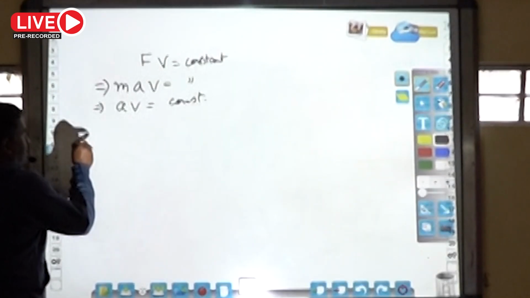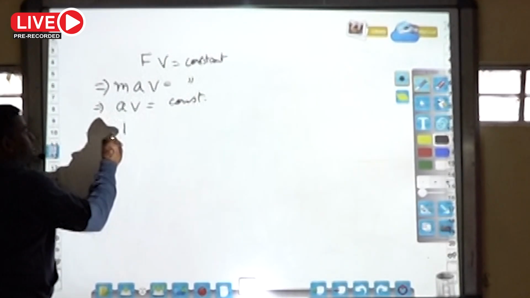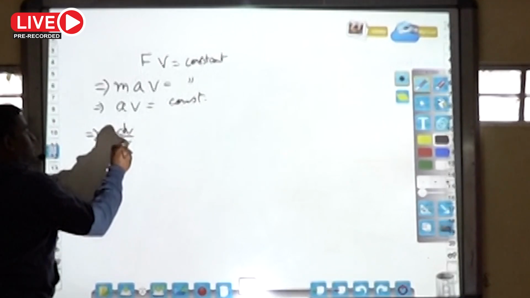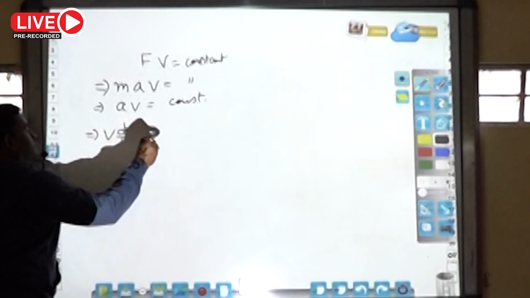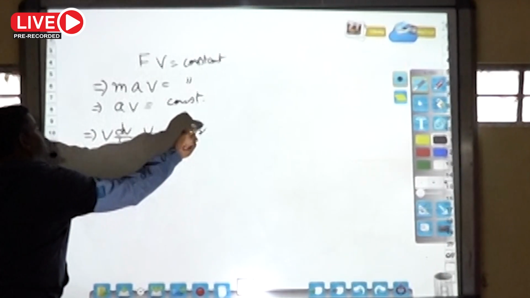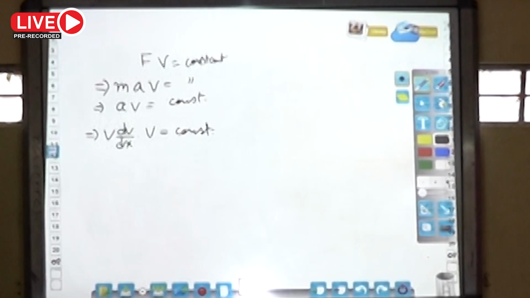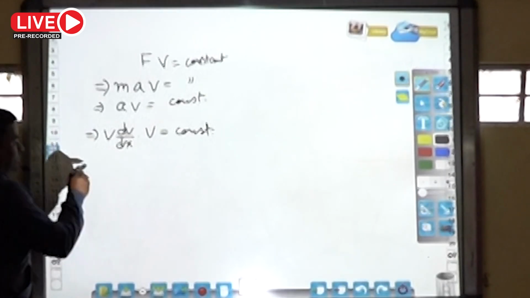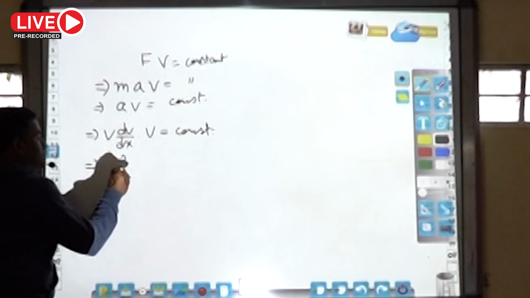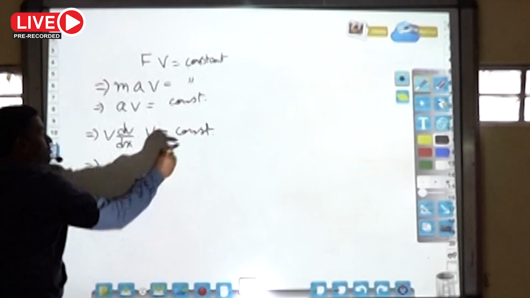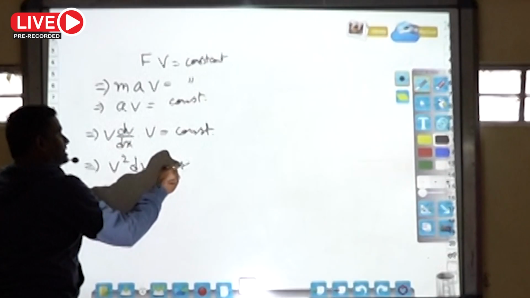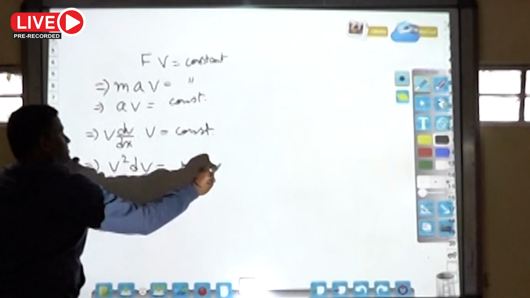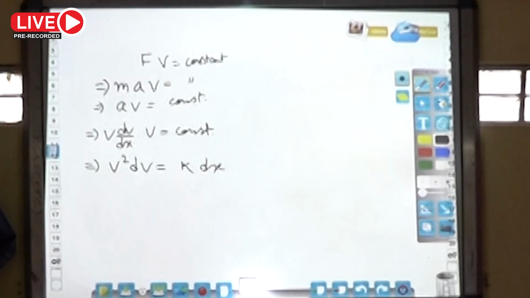Now a can be written as v dv by dx. There is another v, that is constant. Now can I write v squared dv? No more this constant, I will write this constant k. So v square dv equal to k dx.